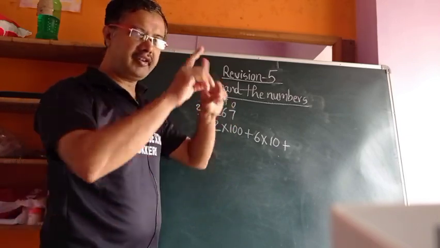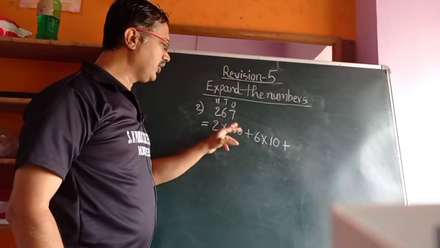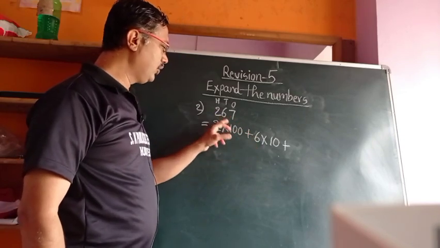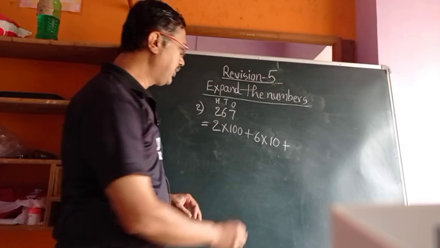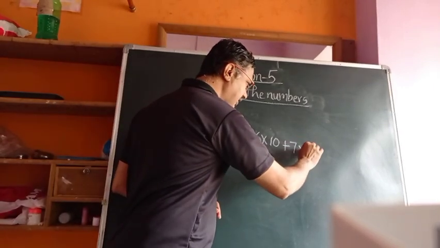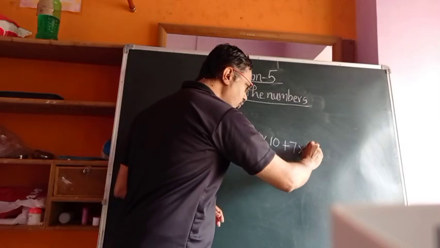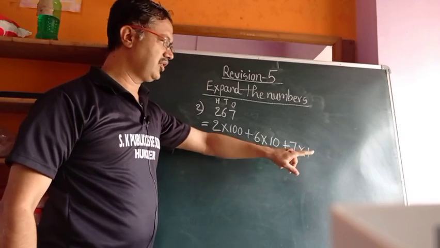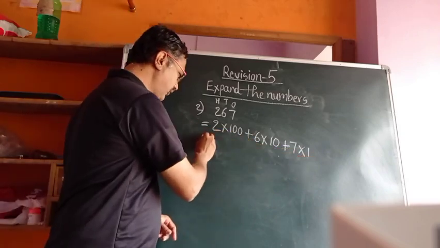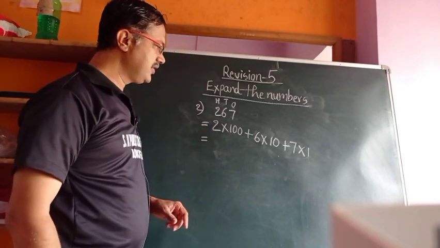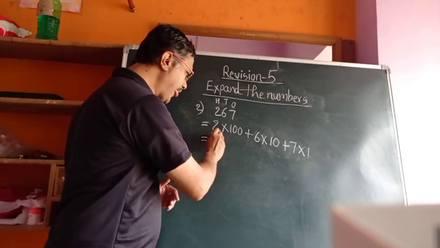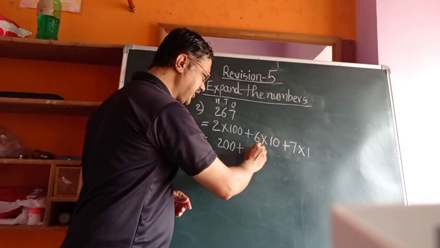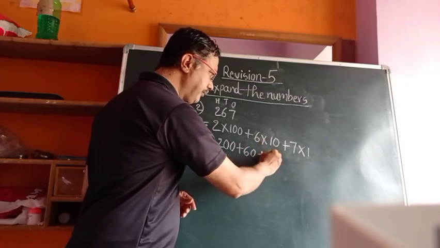Without drawing the place value chart, you can write the direct answer. 200, 6 into 10, plus this 7. Write 7 and 1, it is in the ones place, so we are writing 1. Now we can simplify: 200 plus 60 plus 7.